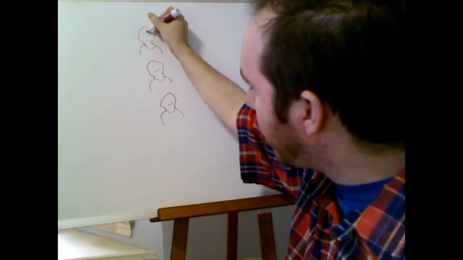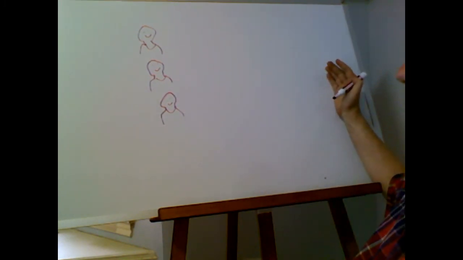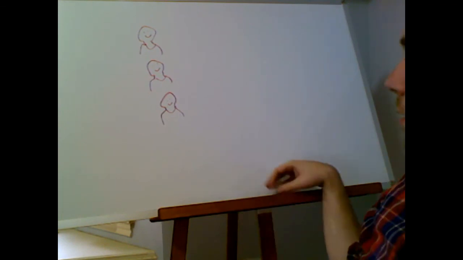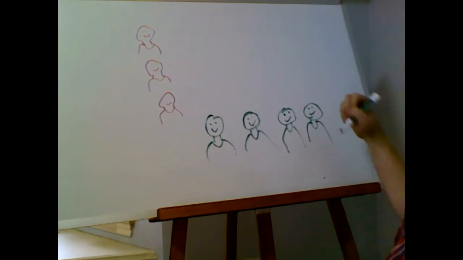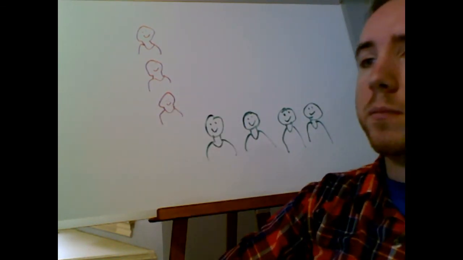Let me try and draw people really fast. You might have 3 people to share, right? Or there might be a 4th person. Right. So we might have 3 people or we might have 4 people.